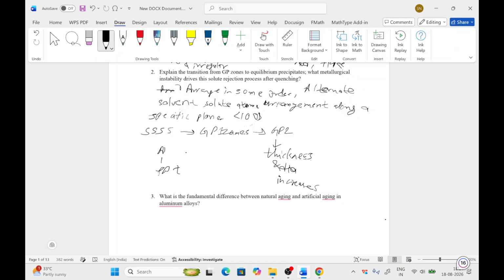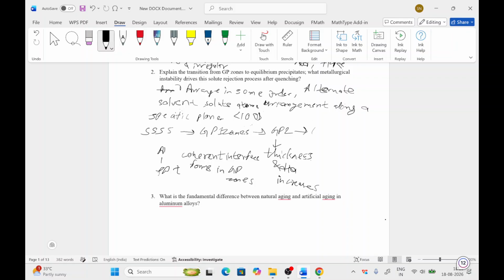So the coherent interface forms in GP zones, and it grows to GP2 zone by increasing its thickness and diameter.